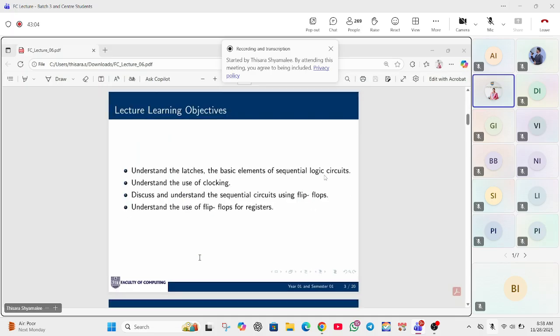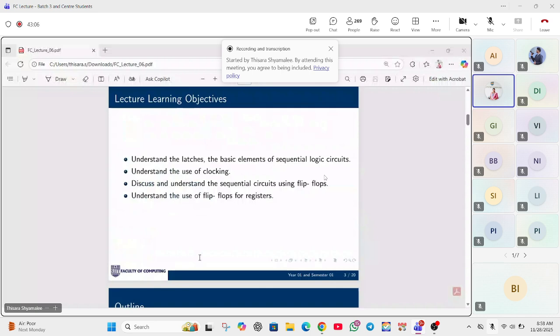At the end of today's lecture, you will be able to understand latches, the basic element of sequential logic circuits, the use of clock signal, and how flip-flops work.